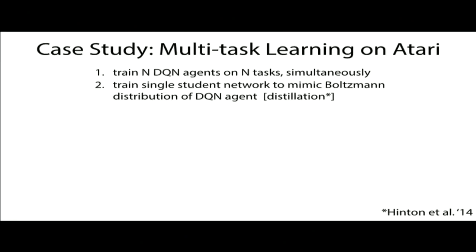Yeah? I guess when you train n agents on n tasks, you're getting some performance on those tasks. Yep. Just by averaging the softmax over those tasks' actions, aren't you ruining performance on each and every task then? You're kind of destroying performance. Well, the observations are going to be very different.